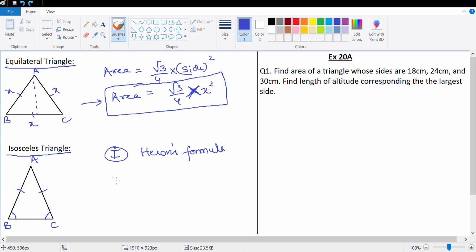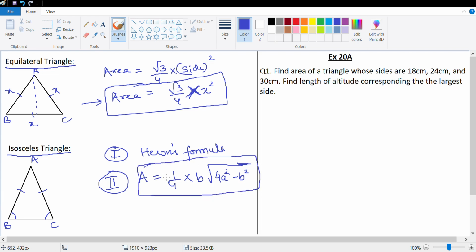Option B is a direct formula for it, which means area is equal to 1 by 4 into B multiplied with square root of 4A square minus B square. This again can be derived using Heron's formula, but derivation of this is not in your syllabus, so I'm not getting into the derivation. In case you want, you can remember this formula. In case you don't want, we can still work with Heron's formula.